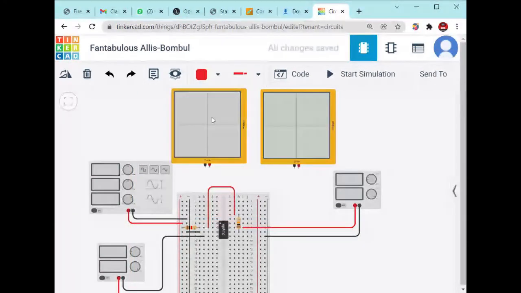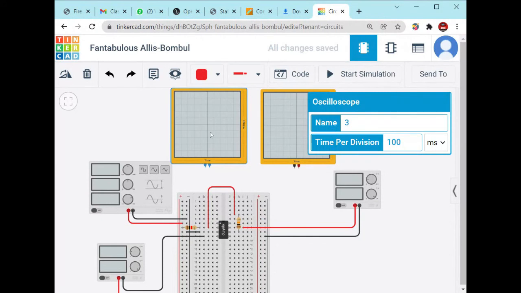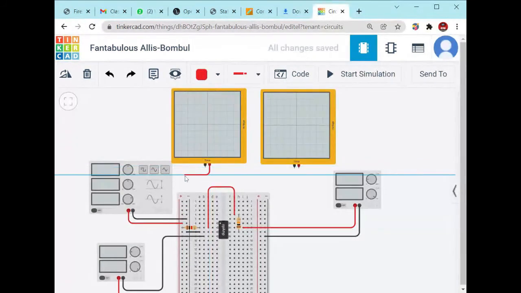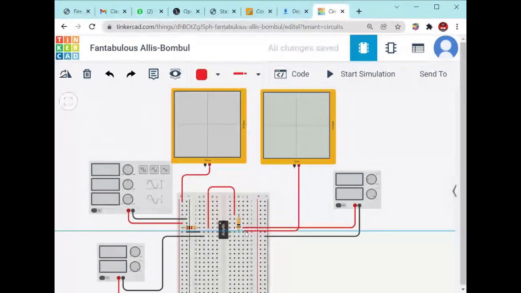This first CRO is to be connected with the input side. So this one is your positive connection. You have to connect this positive with the positive one, and this is your positive connection. This positive connection is connected with the output.